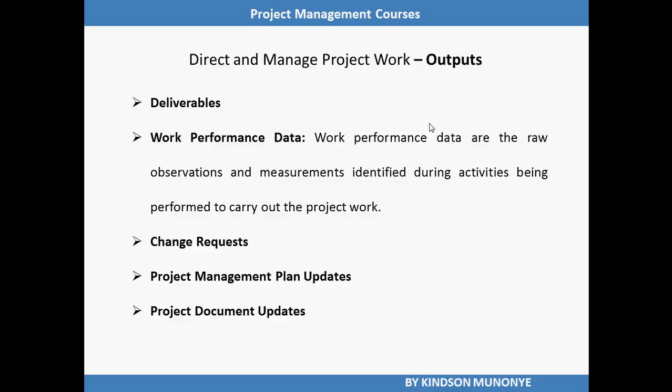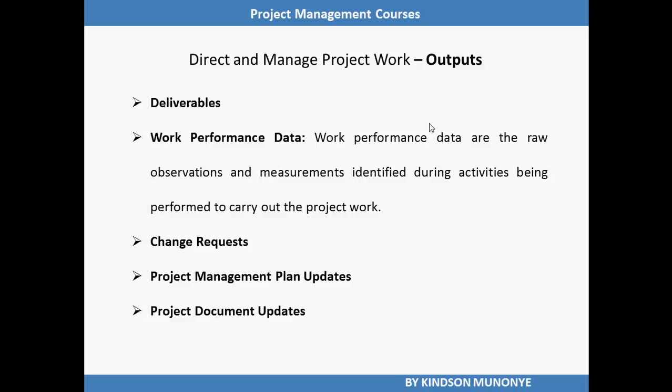All these can be under work performance data. We also have change requests. A change request is a formal proposal to modify any document, deliverable, or baseline. So change requests are outputs of direct and managed project work.